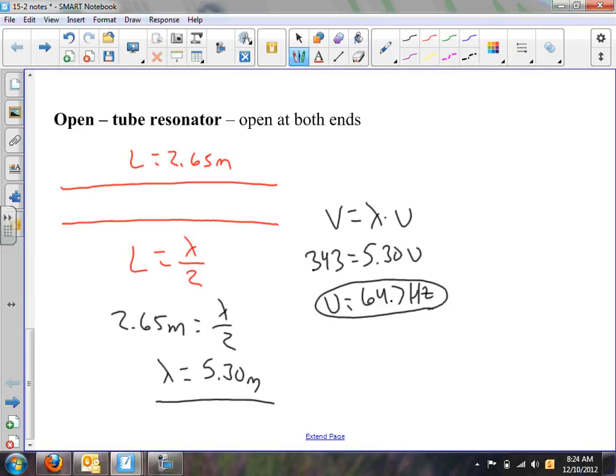To find the next two higher resonances in letter B, well, we know each of these resonances changes by a half wavelength. So for the next one, L equals plain old wavelength.